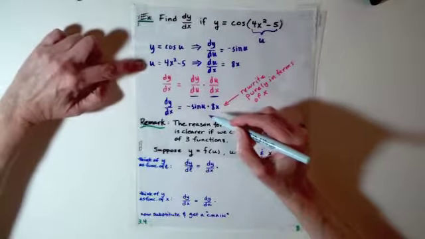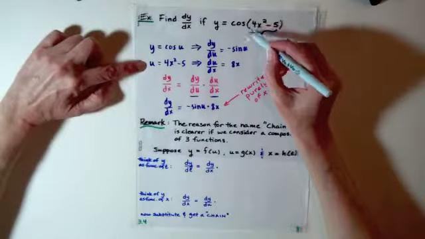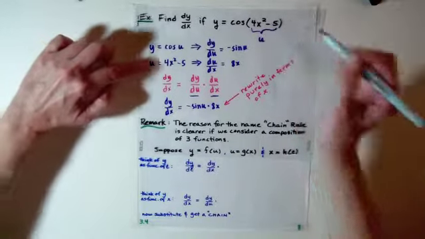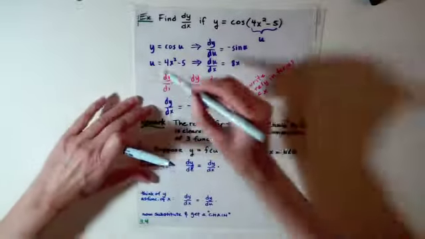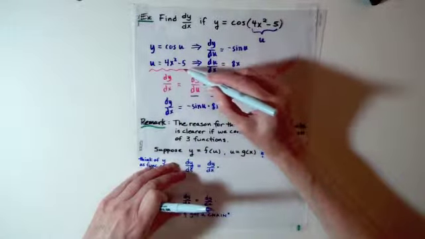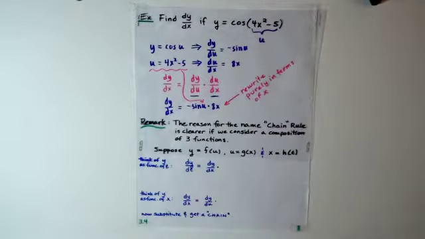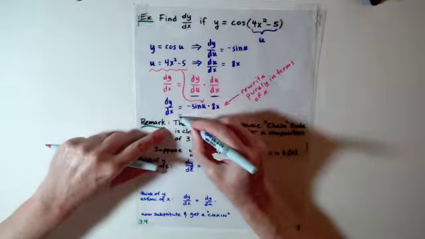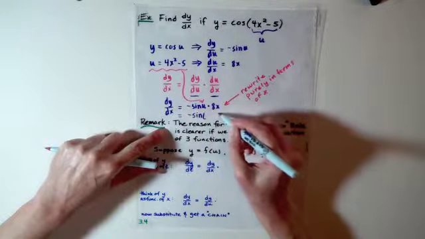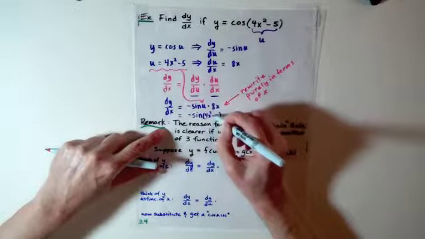I can either go over to here where I've written it. U is the same thing as 4x squared minus 5, or you can go back up here where you made your original designation for u. We said u was 4x squared minus 5 up there as well. So we know what u is in terms of x, and I'm just going to plug that in down here in place of my u. So dy dx would be equal to minus sine of u, but u we said is 4x squared minus 5.